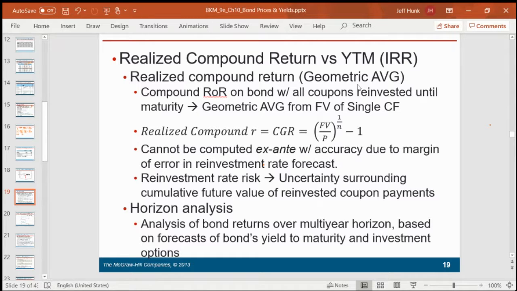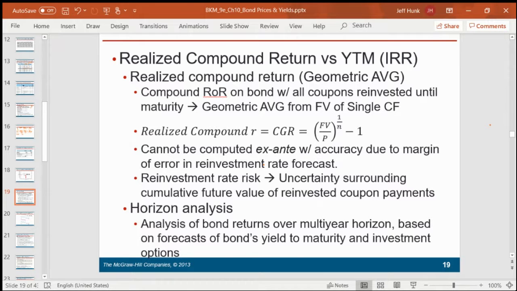And in Finance 100, this was, in my class at least, the first concept that came up, in the first topic, return on investment.